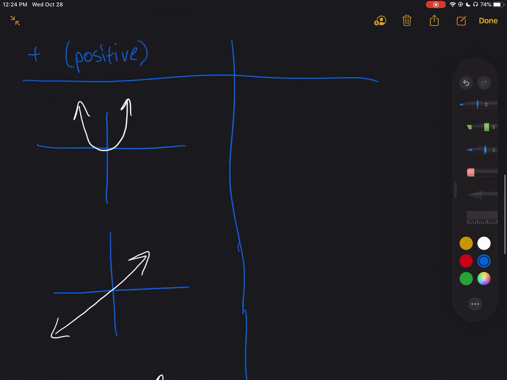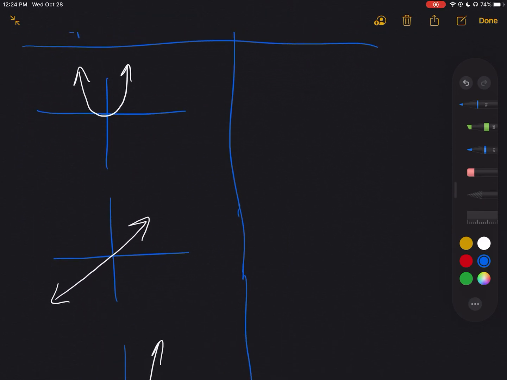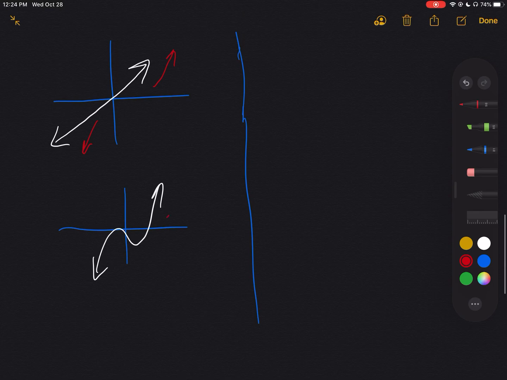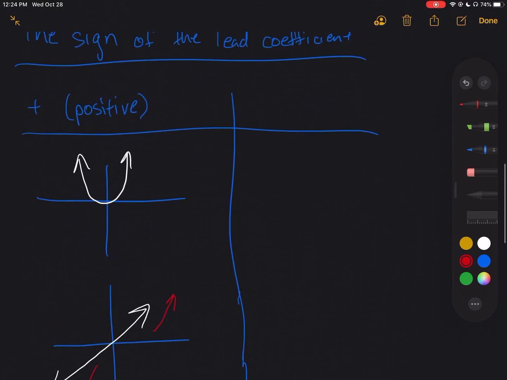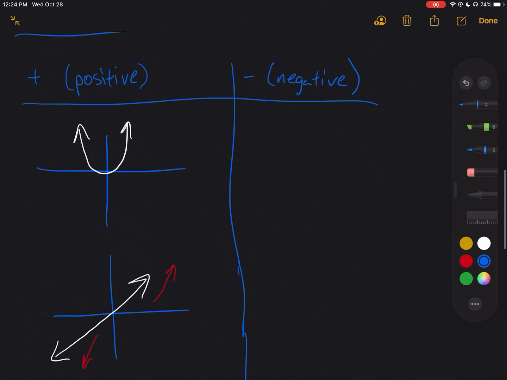So we saw it in this case here, opening up. Or if it is an odd degree, then we have going up on the right and down on the left. So up in the positive direction, down in the negative direction. Up, down, up, down. Okay. On the other hand, if my lead coefficient is negative, then what happens is it just flips, right?